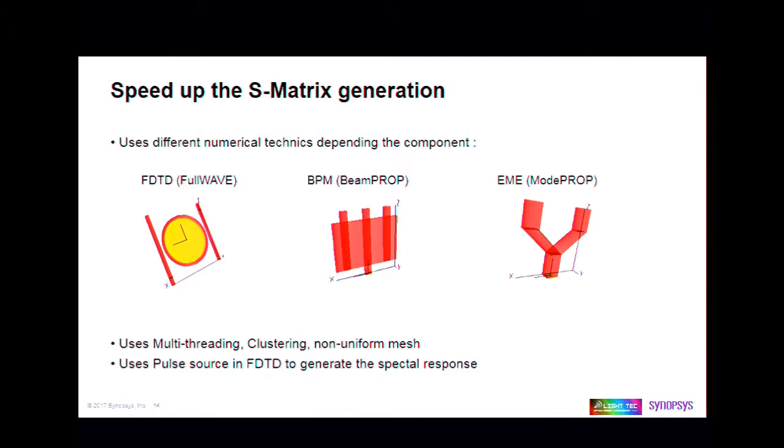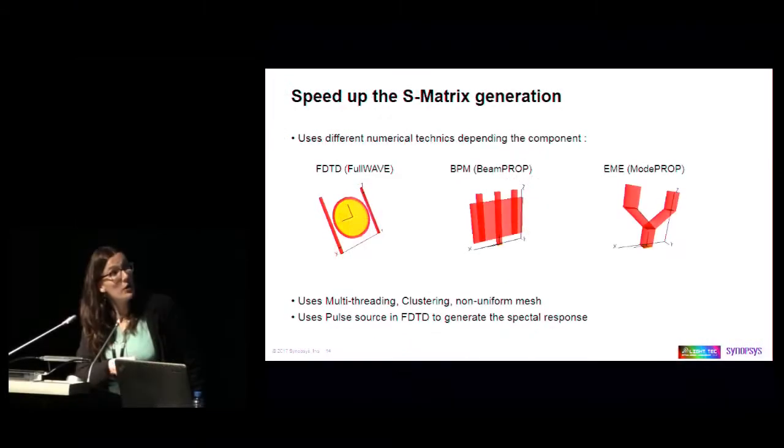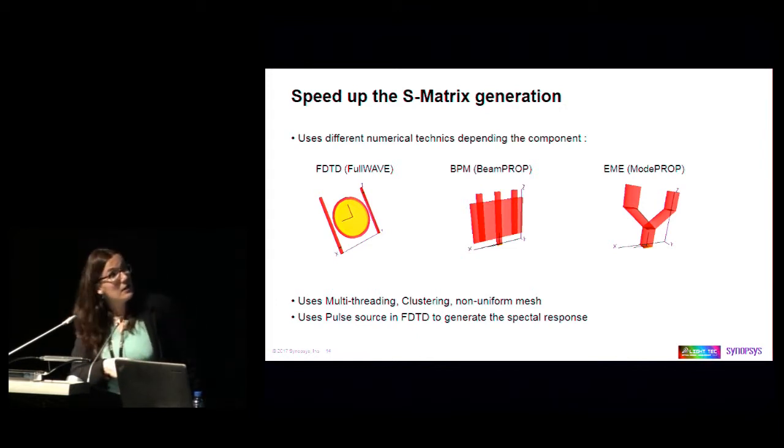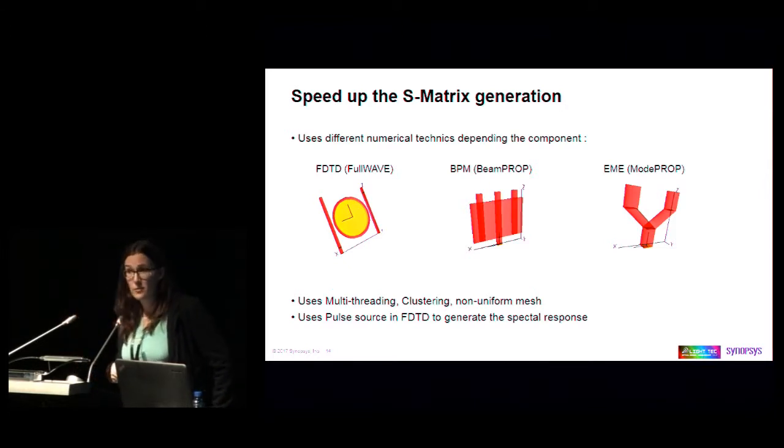Inside RSoft, we have different ways to be fast and accurate. First point, we have several simulation methods available inside the software. Either we can use the FDTD method, BPM, or the eigenmode expansion, EME, method. FDTD is finite difference time domain.